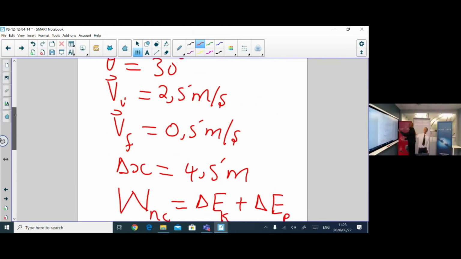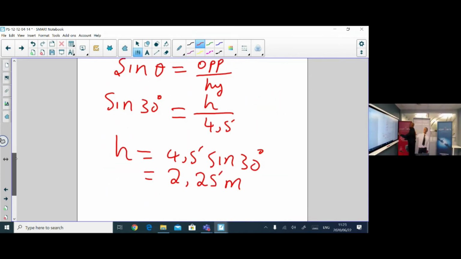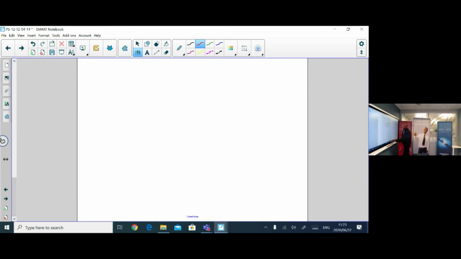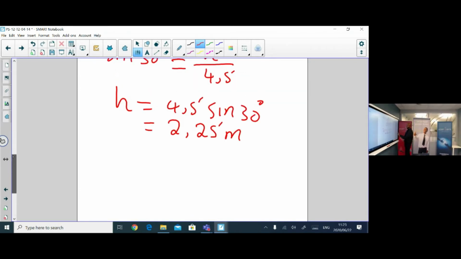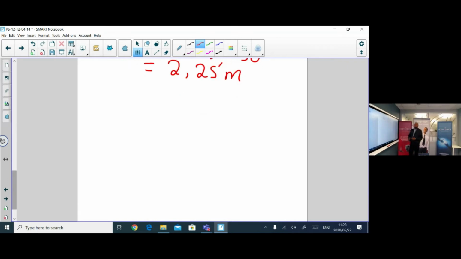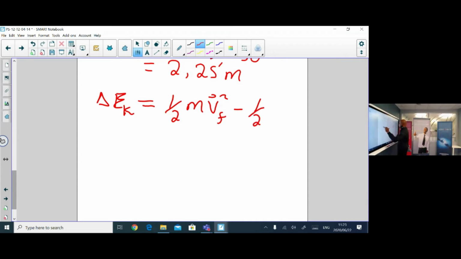Okay, let us start with the change in kinetic energy. We know that the change in kinetic energy is equal to half m v final squared minus half m v initial squared.